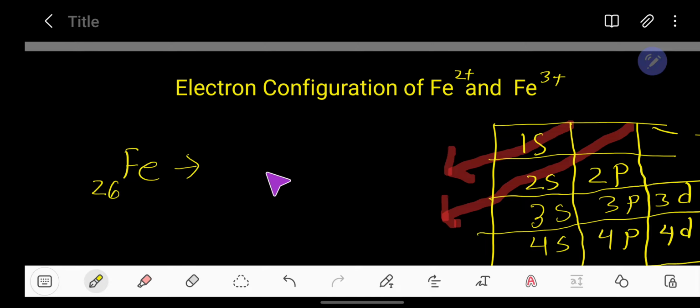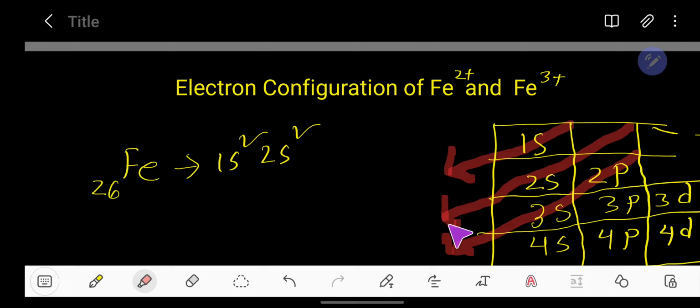So look, 2 electrons will go to 1s2. Then from here you have to start, 2s2. After 2s2 you have to draw a line like this, at a 40-degree angle. So we are getting here 2p6.